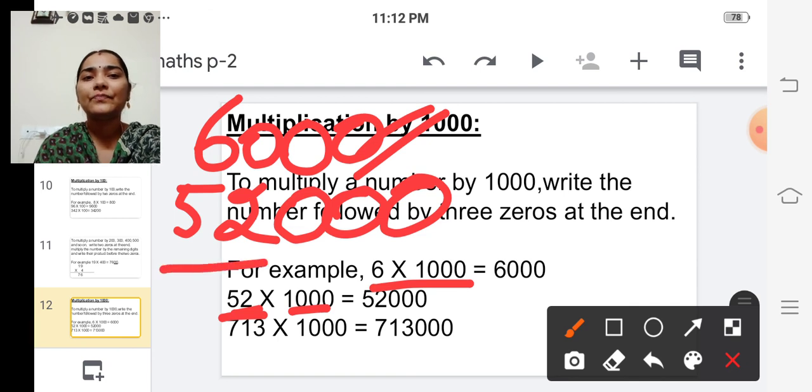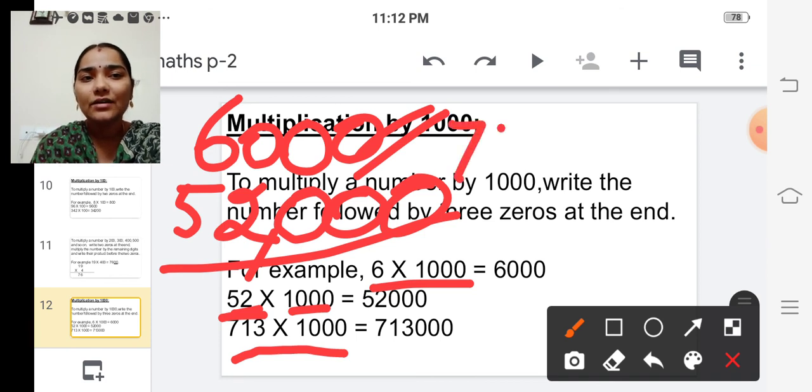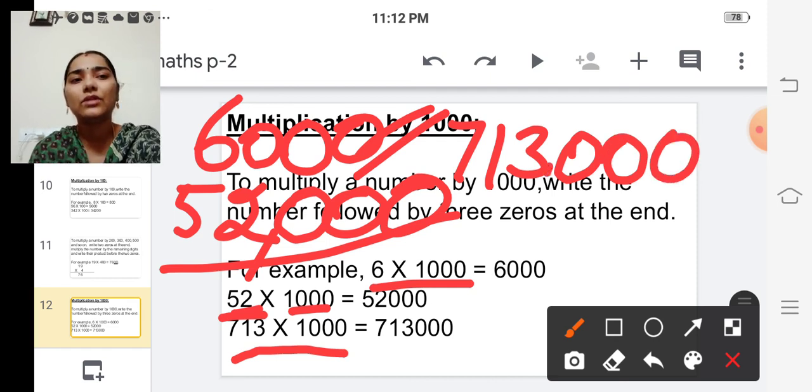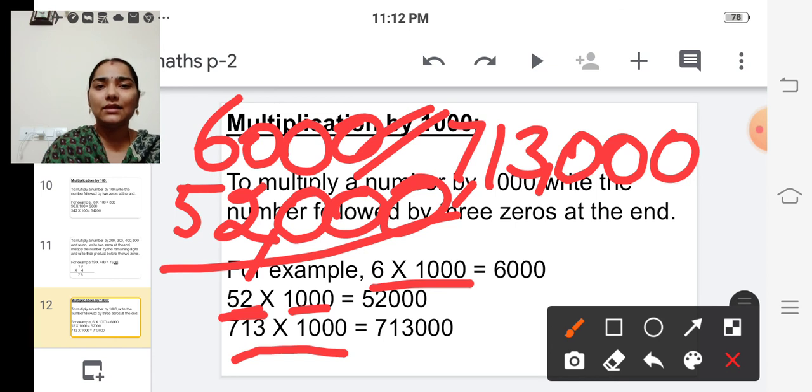So the answer is 52,000. And see the last example, 713 into 1000. So write this 713 as it is and write 3 zeros at the end. Okay, so the answer is 713,000. Is it clear, children? Yes, it is very easy, isn't it?